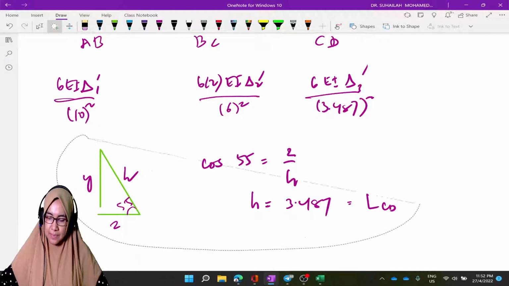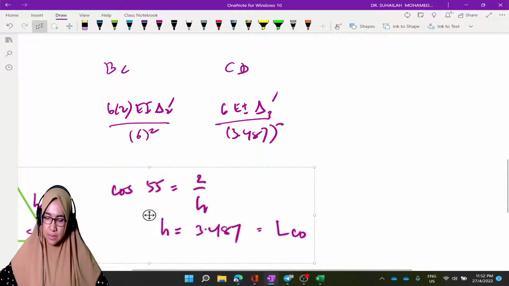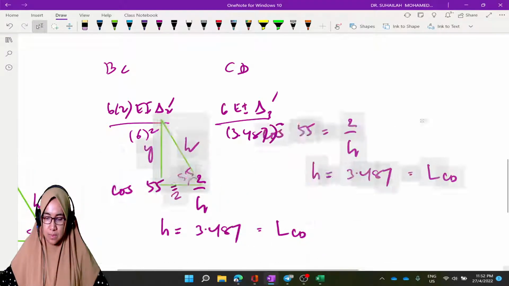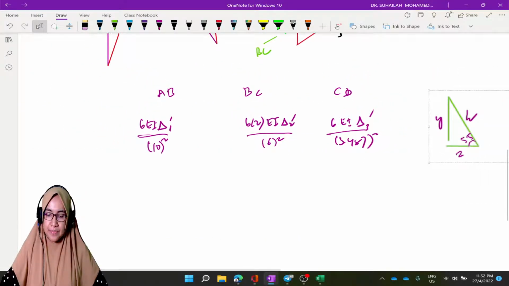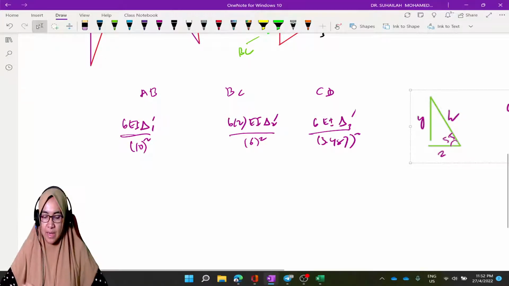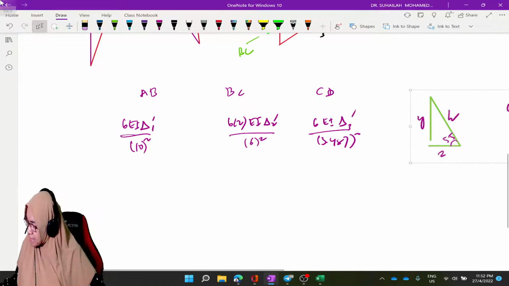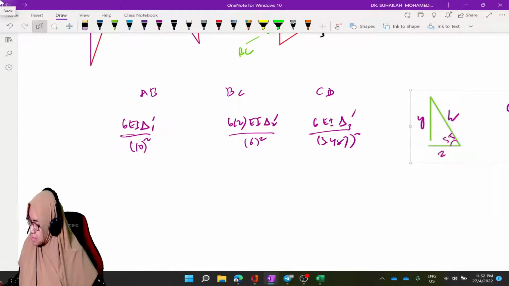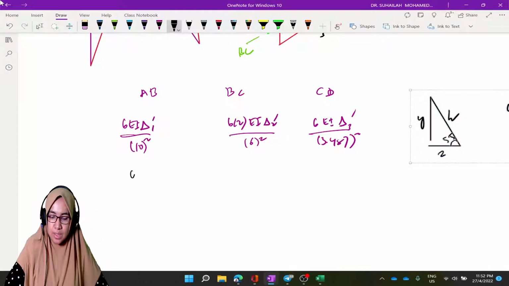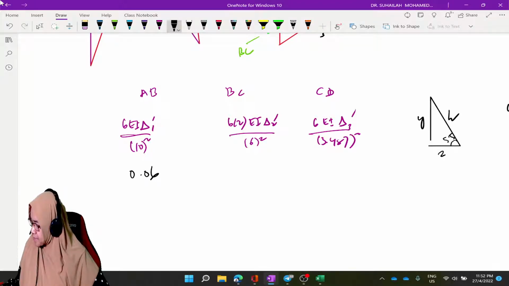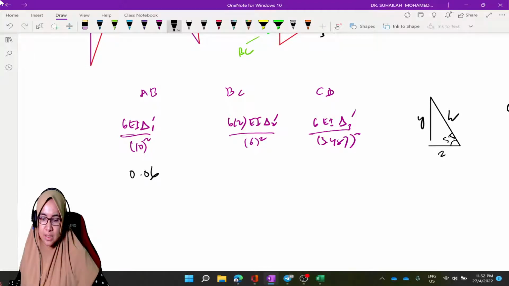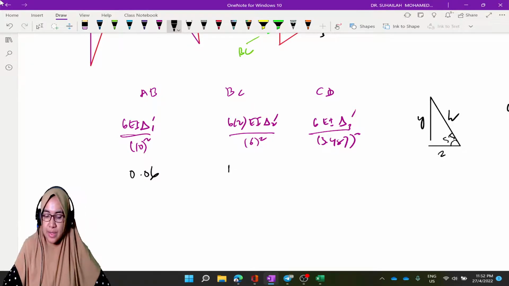The next step is to calculate the values. It is 6 divided by 10 squared, which is 0.06. The second one is 6 times 2 divided by 6 squared, which is 12 divided by 36, it is 0.333.